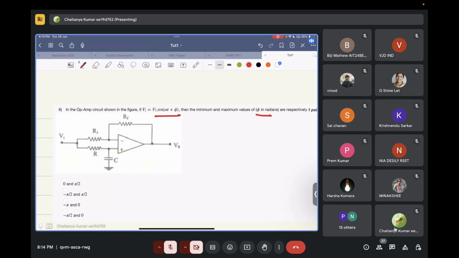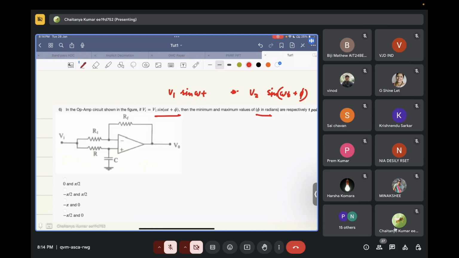So what we will have is, let's say the input is V1 times sine omega t. So our output will be some V2 times sine omega t plus phi.